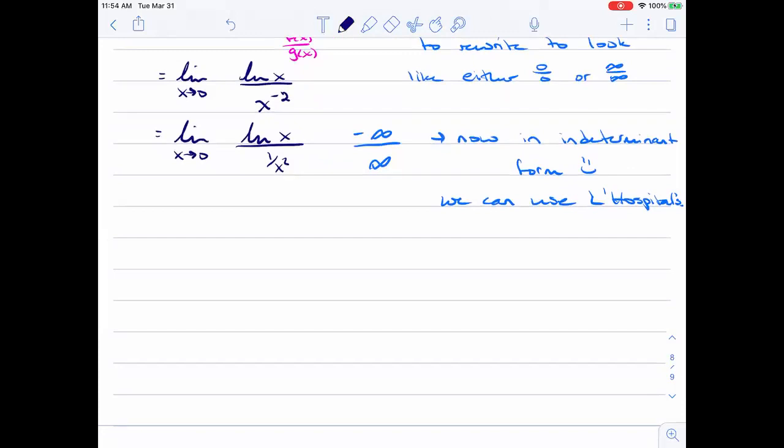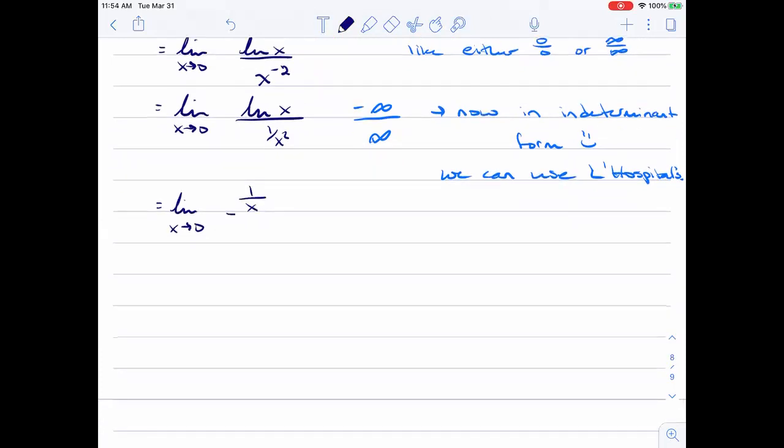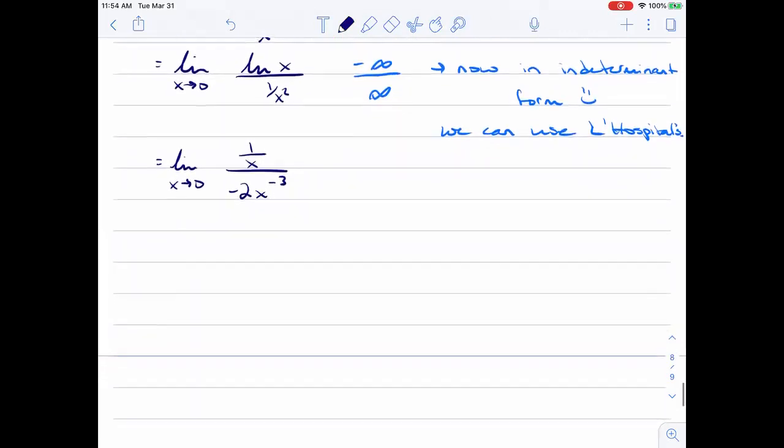So now what I can do is this is the same as the limit as x goes to 0 of the derivative of the top, which is 1 over x, over the derivative of the bottom, which is negative 2x to the negative 3. I can simplify this, and so I get the limit as x goes to 0 of 1 over x, which is x to the negative 1.